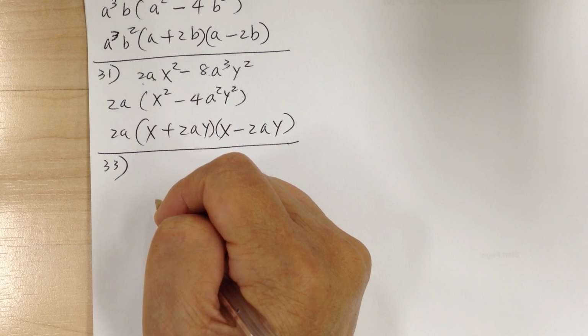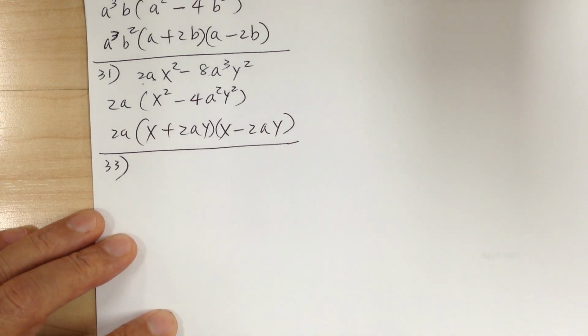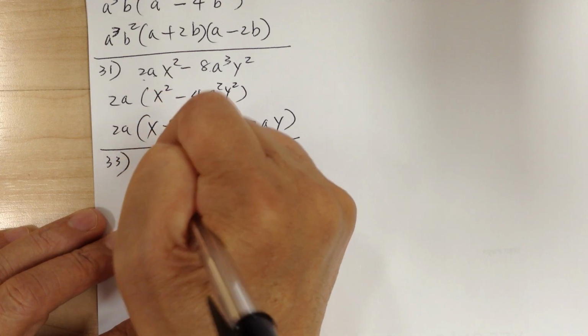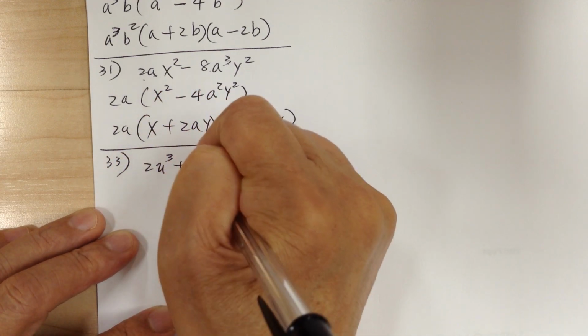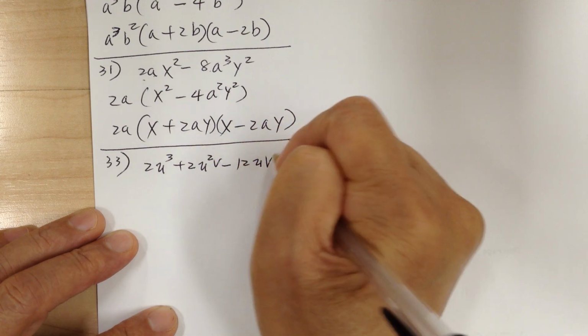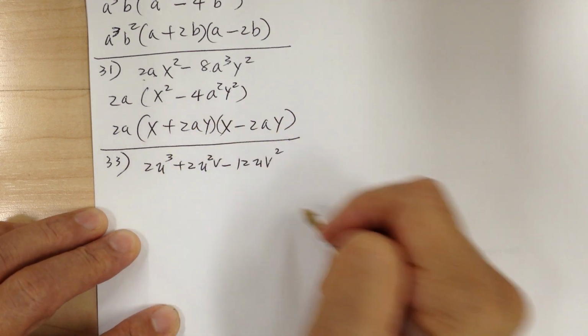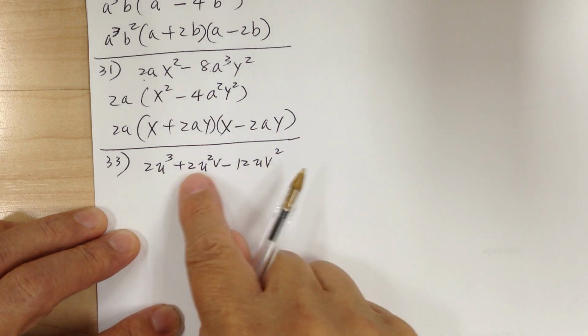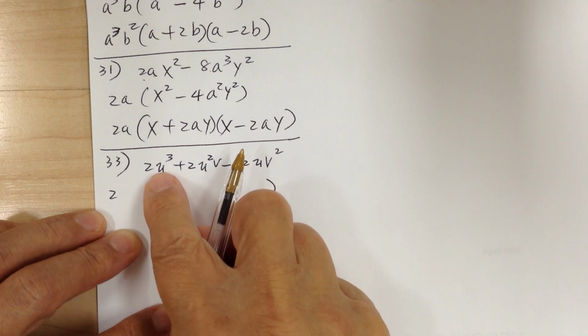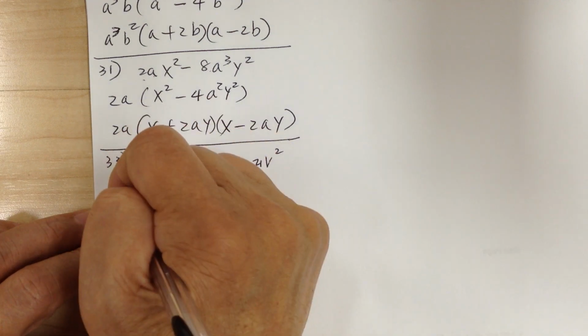Okay, 33. You have 2u cubed plus 2u squared v minus 12uv squared. Let's do common factors. With 2, 2, and 12, we can factor out the 2. And with u cubed, u squared, u, we can factor out the u.